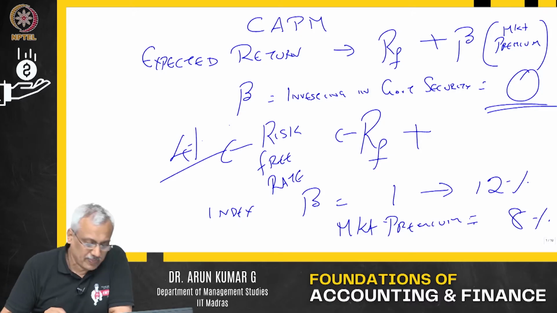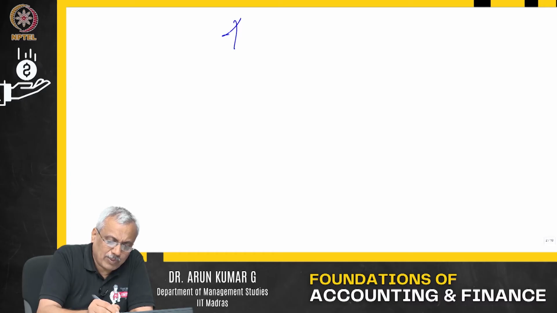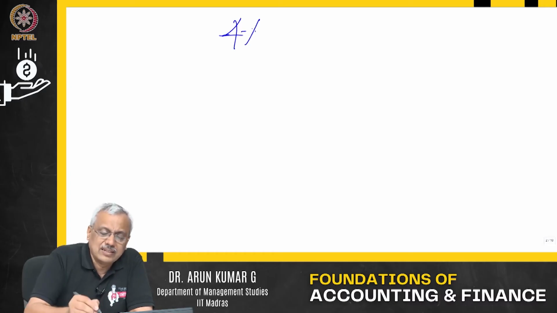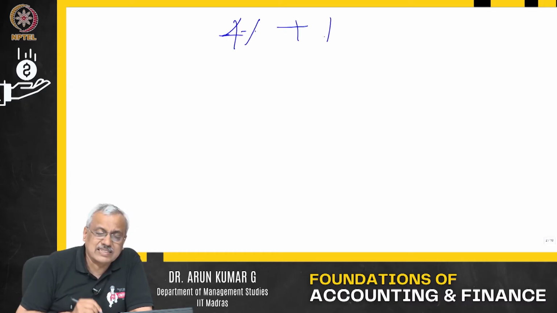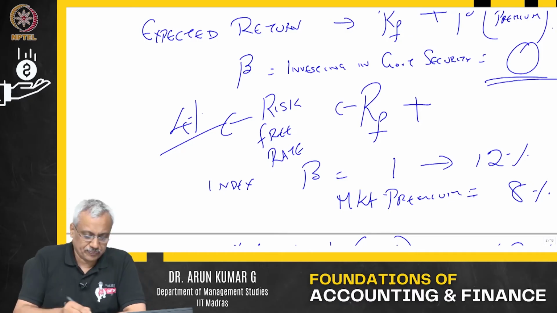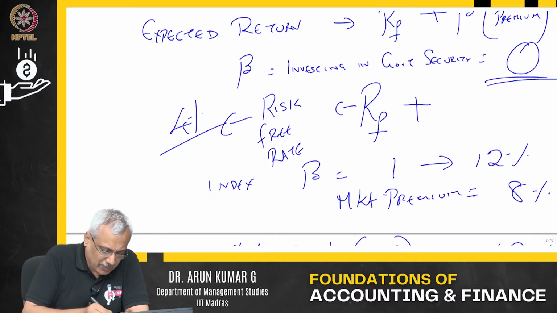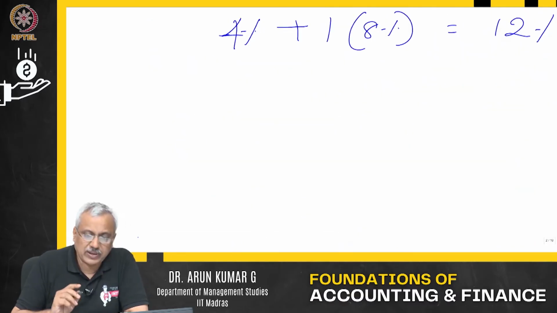So, if I go by the same thing, 4% risk free rate plus beta of the index, which is 1, into market premium 8%, will be equal to exactly 12%.